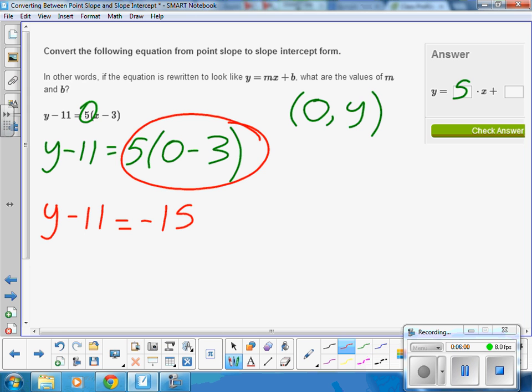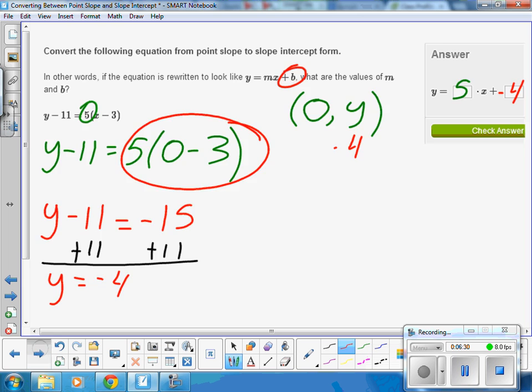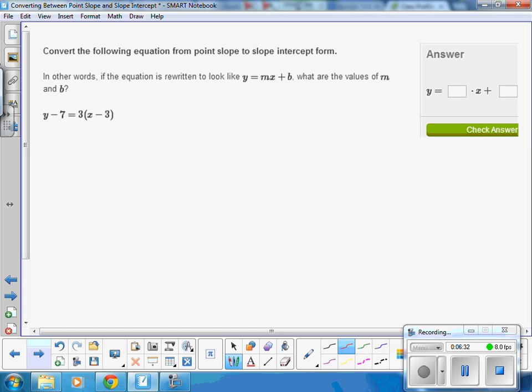Y minus 11. I then add 11 to both sides, and I get y equals a negative 4. So when x is 0, y is a negative 4, my intercept is a negative 4. Remember, the b is our intercept, and that is a negative 4. Hopefully, you're starting to get this by now.